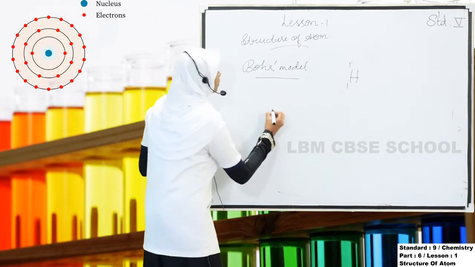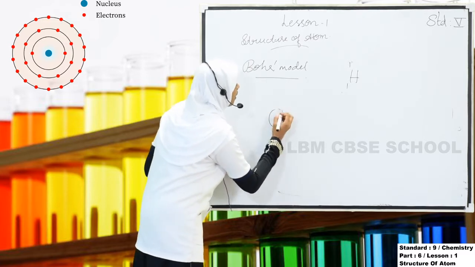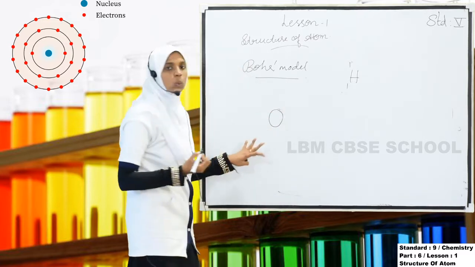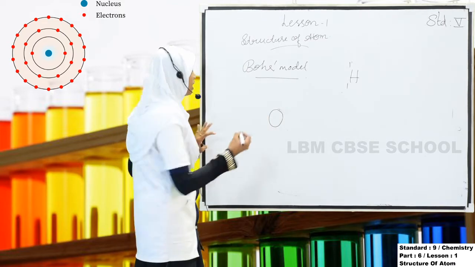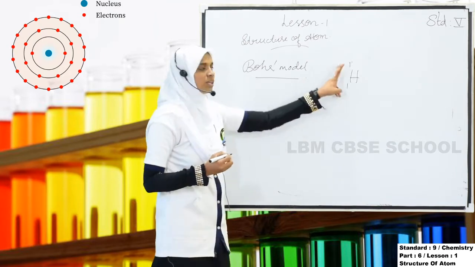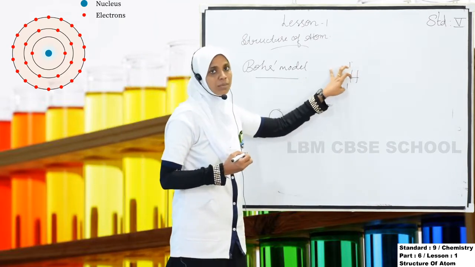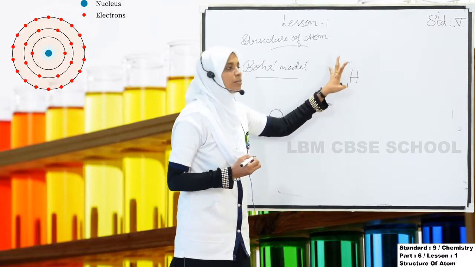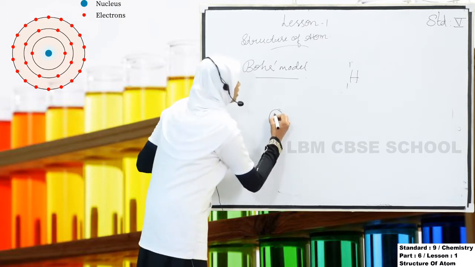First of all we have to draw the nucleus, and in the nucleus we write the number of protons and the number of neutrons. Here the atomic number is 1, and the atomic number is equal to the number of protons, so it is 1 proton.